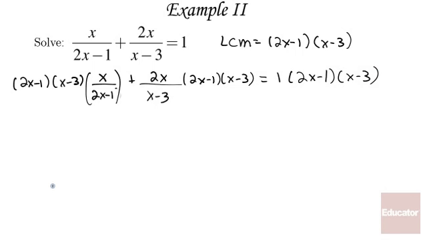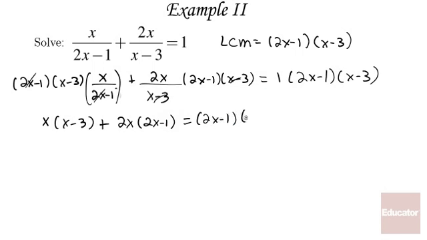Okay. Go ahead and see what cancels out. This is going to leave me with x minus 3 times x. Here I've got x minus 3 canceling. I get 2x times 2x minus 1. And on the right, it's just 2x minus 1 times x minus 3.